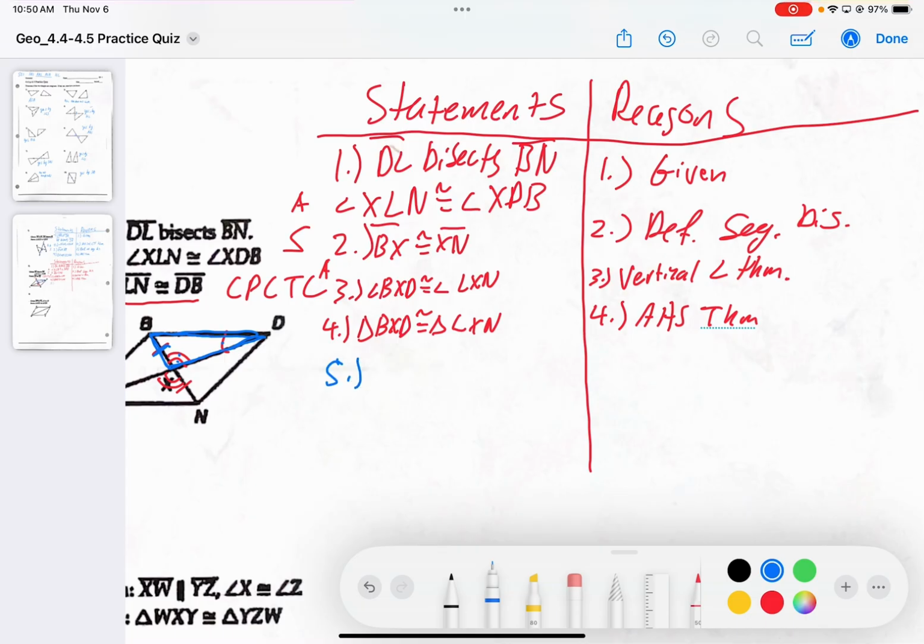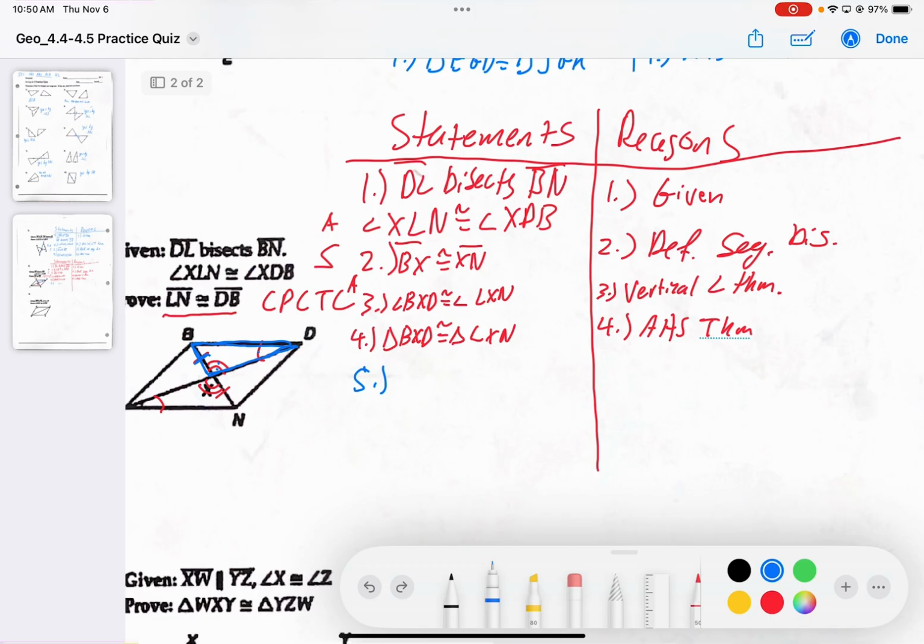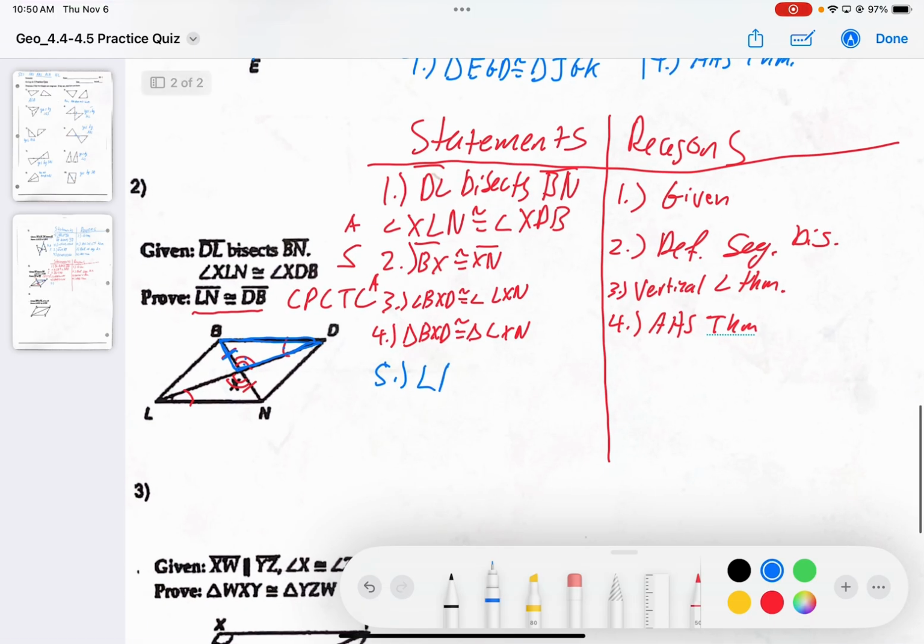Now that I know those triangles are congruent, what can I say about all their corresponding parts? They're all congruent. So then I can say what I want to prove, which is LN is congruent to DB. And the reason for that is CPCTC.